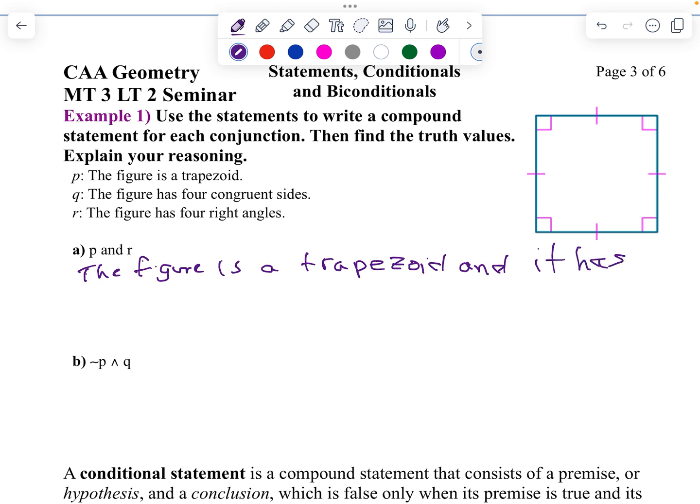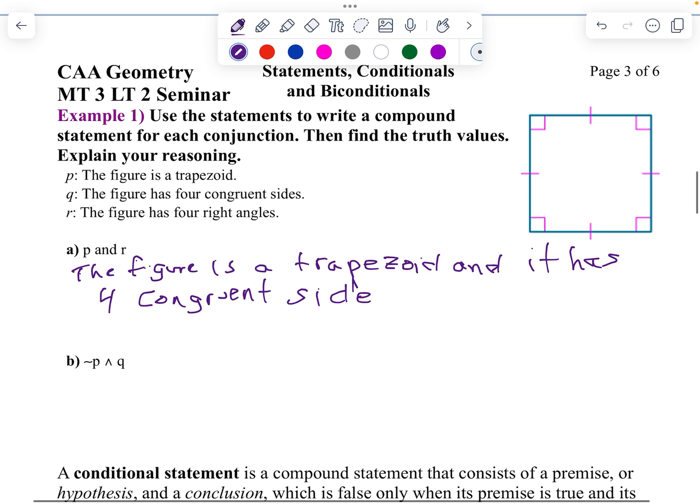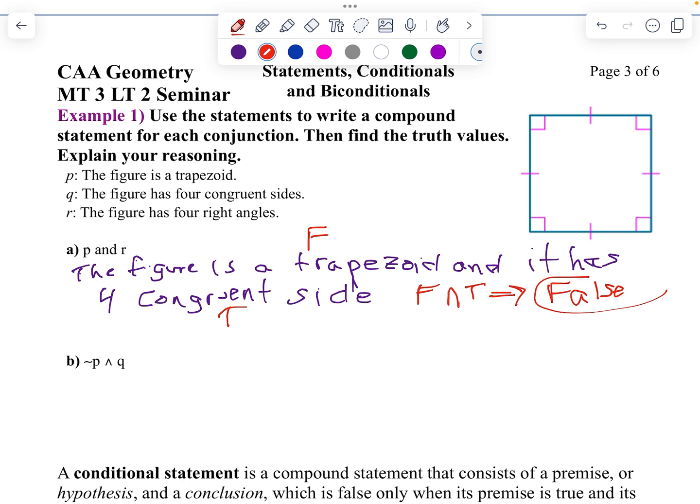You can use some pronouns in here to make it simpler. Now my first statement, the figure is a trapezoid. No, that's false, isn't it? Since it's an and statement, it doesn't matter what the second part is. The second part looks like it's true. It's false and true, which tells me that statement is false, because it's only true with and if they're both true.